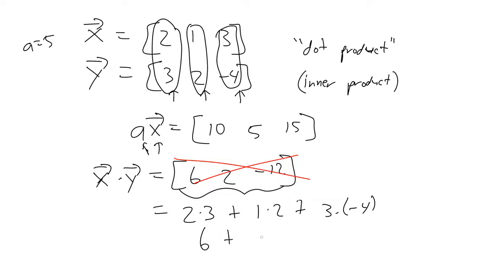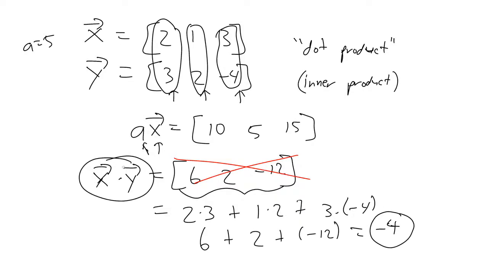So I'm going to get 6 plus 2 plus negative 12, which is going to be maybe negative 4. Is that what that works out to be? I feel like maybe it's negative 4. So whatever it turns out to be, if you do the math, that is what the answer is going to be to the dot product. So whenever you take the dot product of two vectors, you always get back a scalar, which is the sum of each pair of elements multiplied together in tandem.